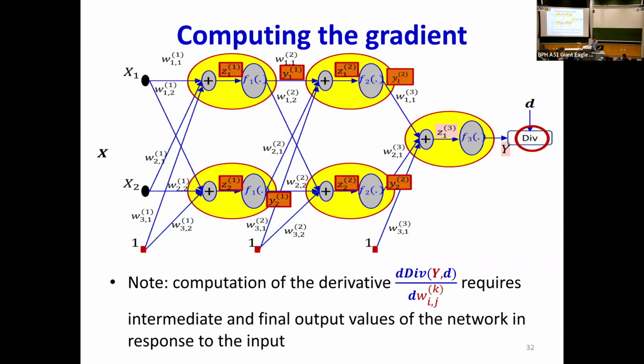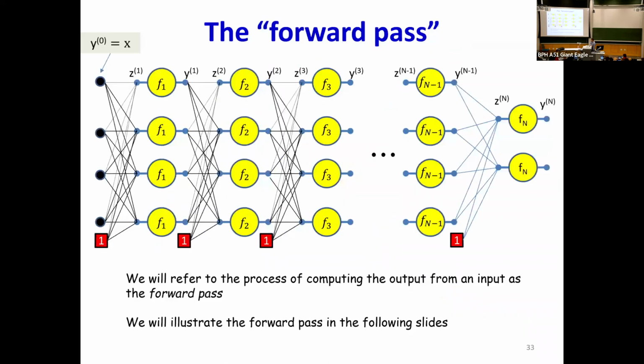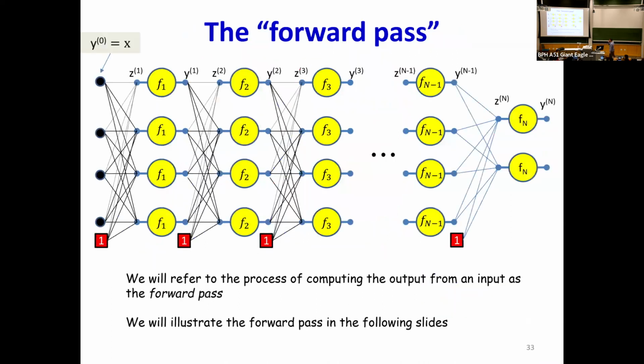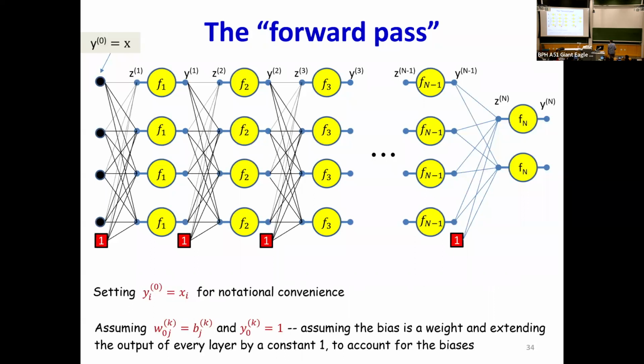So as a first step, we're going to compute all of these z's and y's in what we will call the forward pass. Here, you're given an input. You pass it through the network. You compute all the intermediate variables and the output. And once you compute the output, you know where you're computing the divergence and what the derivative must be. And that is what we will compute. First, let's look at how we compute the forward pass.